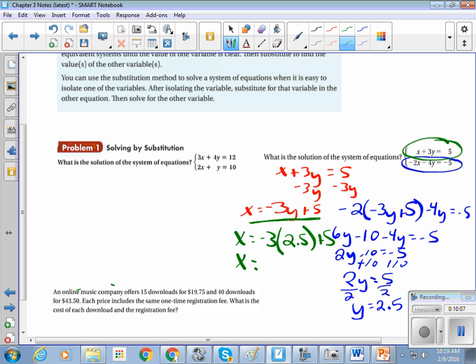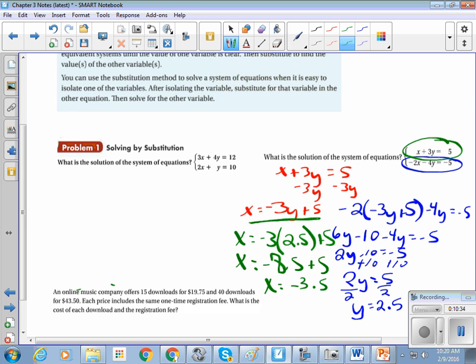Or x is equal to negative 7.5 plus 5. So 6. 6 plus 2.5 is 8.5, sorry. Negative 8.5 plus 5. X is equal to negative 3.5.